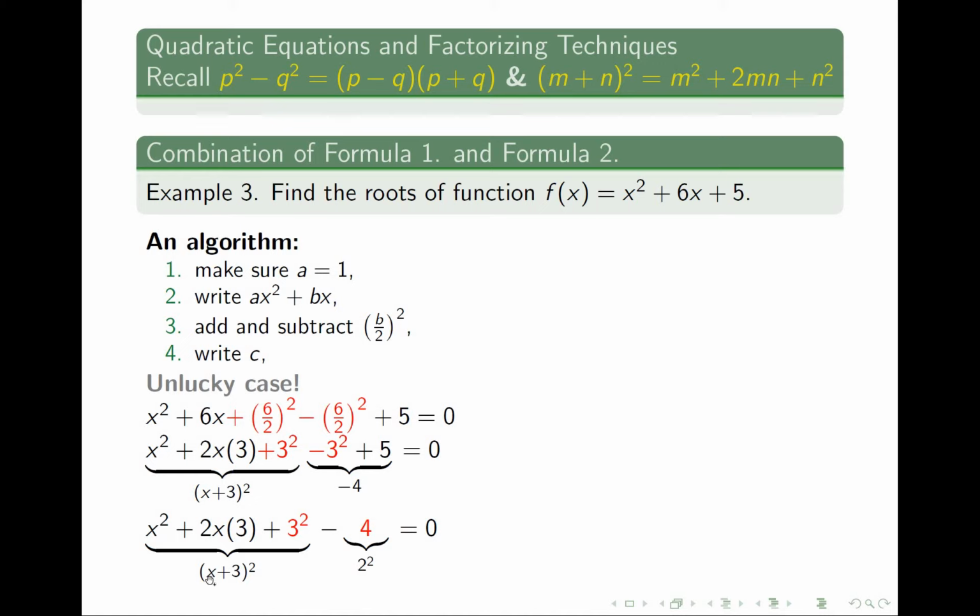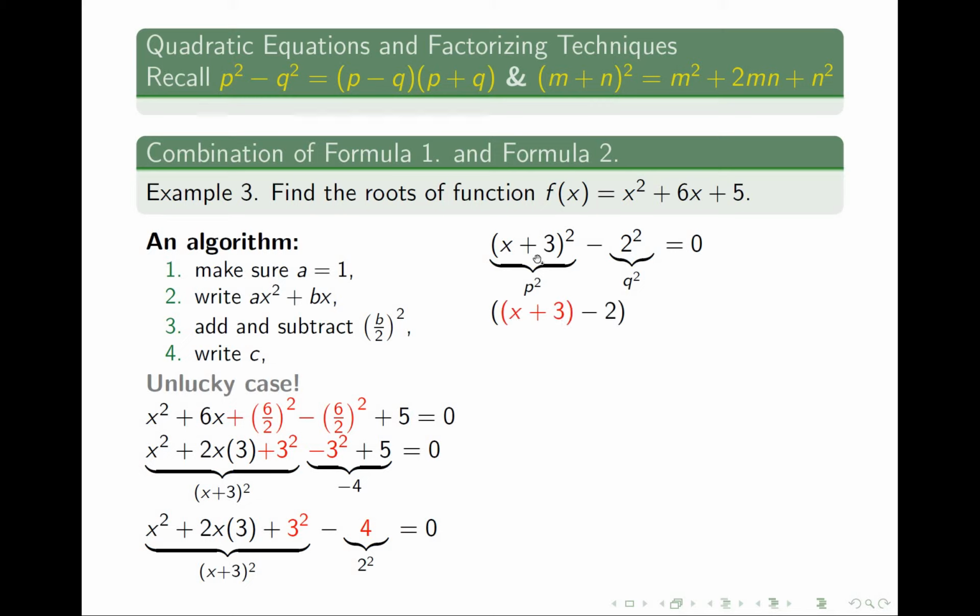The whole expression in the parentheses is equivalent to P, and this 2 is equivalent to Q. So we get (x plus 3) squared minus 2 squared, which is Q squared, equal to 0.